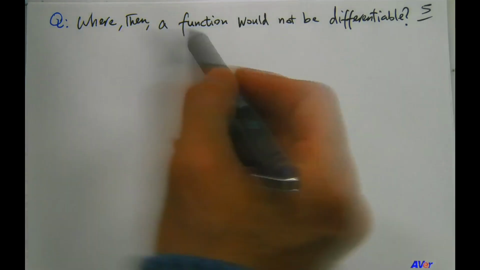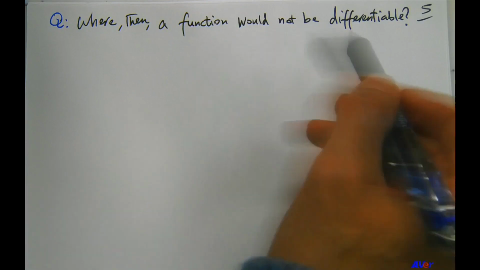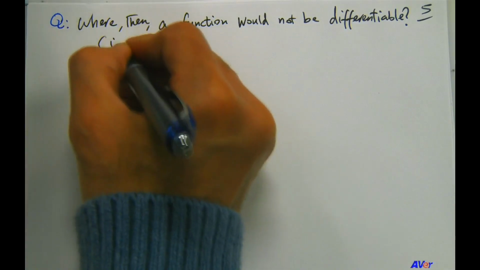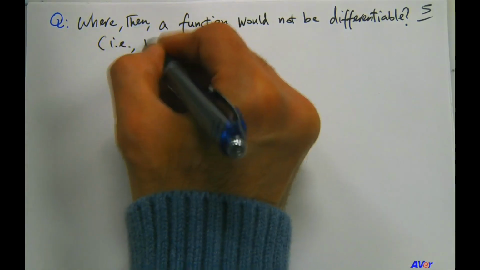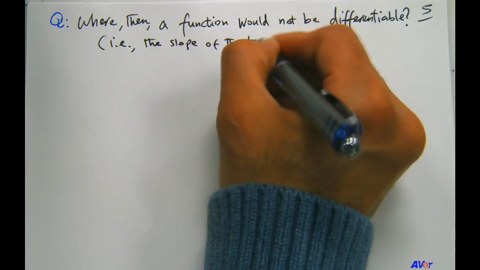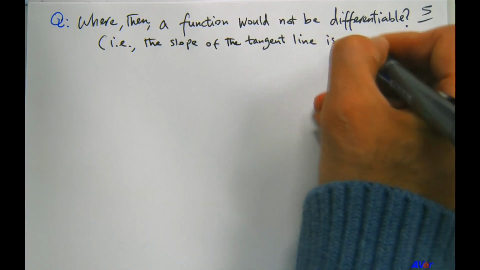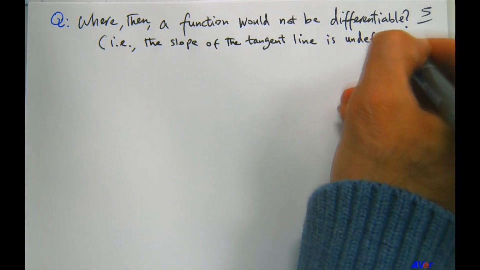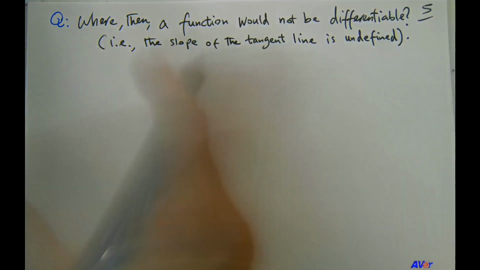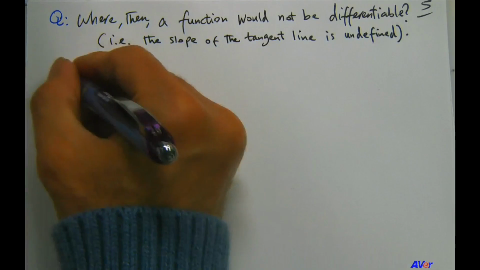We're saying that at that point the slope is undefined, i.e. the slope of the tangent line is undefined. Okay, that's what we're looking for. When does the function have this situation? So here are some cases. Case 1.